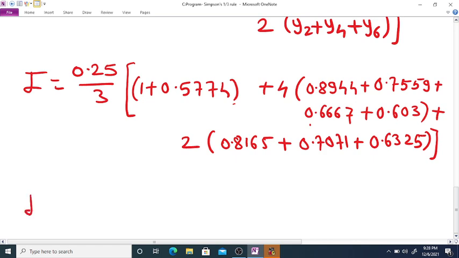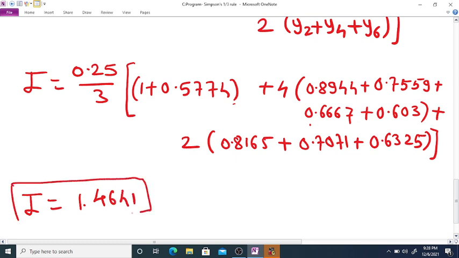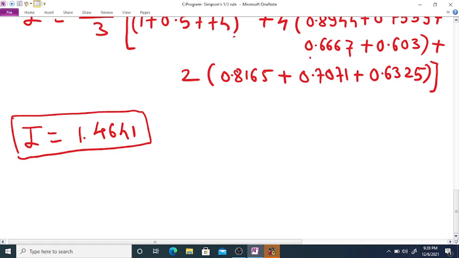So here the value of I, if we solve this, is equal to 1.4641. This is the value calculated by using Simpson 1/3 rule.